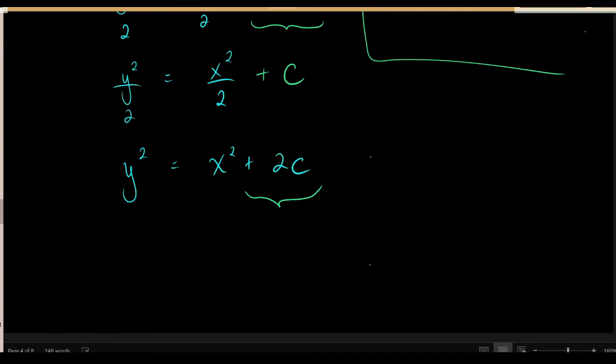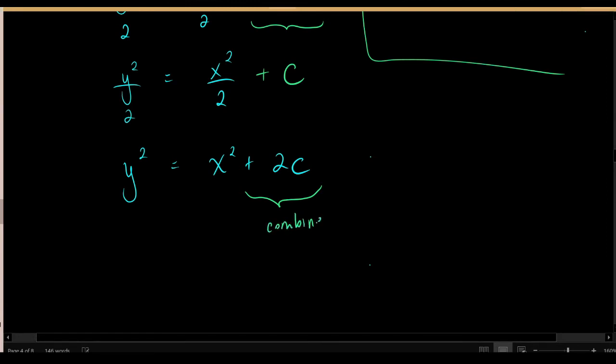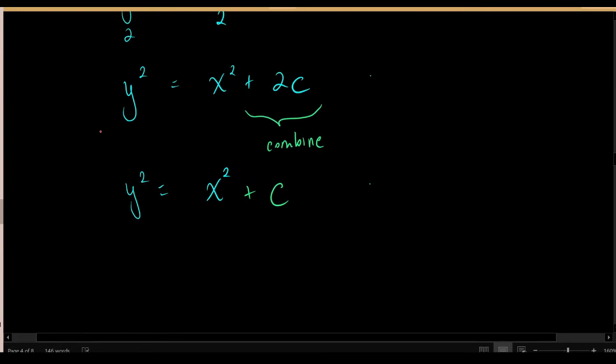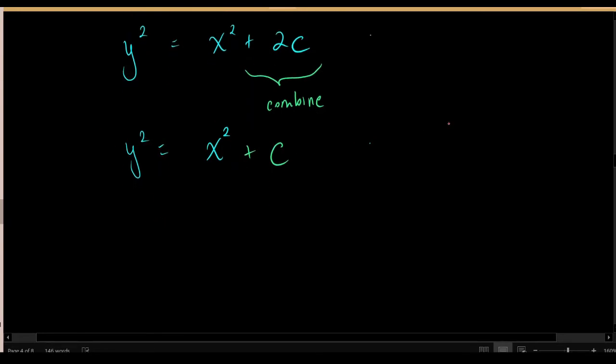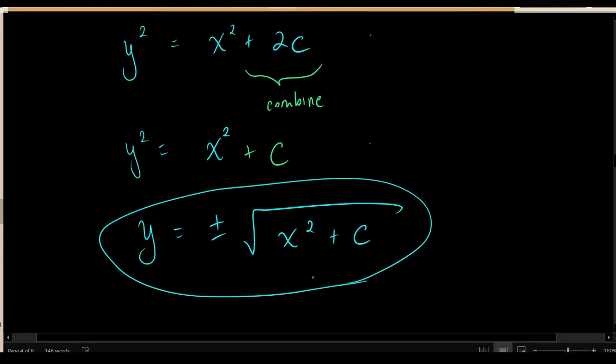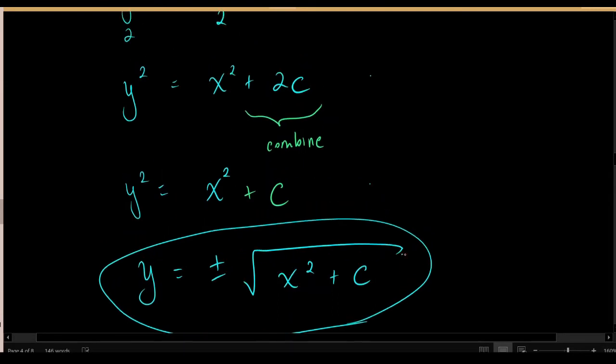Instead of 2c, we'll combine to just another refreshed plus c. So now the only thing that remains is to get rid of the square on y. Y is equal to plus or minus the square root of x squared plus some arbitrary unknown real number. This is the format of all possible solutions to the original differential equation.